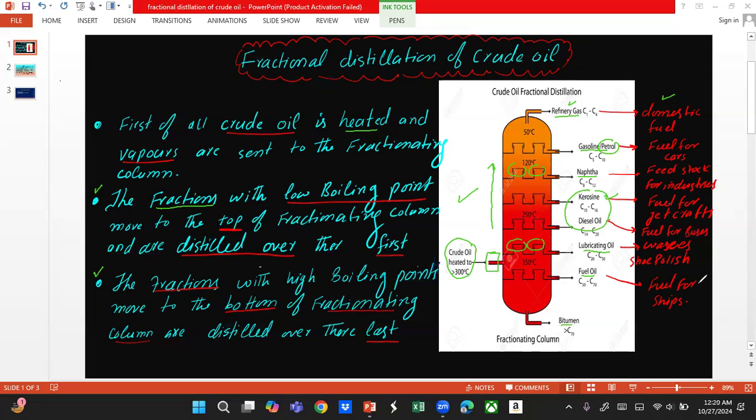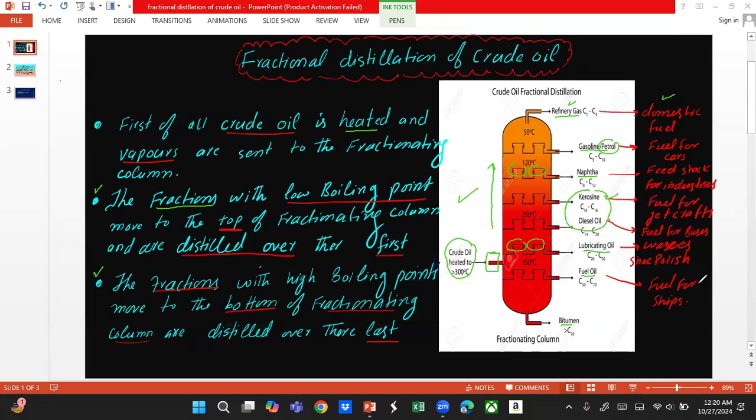So students, these types of questions can be asked in the form of a table. Sometimes a fraction is given and you have to write the use, and sometimes the use is given and you have to write the fraction. For example, petrol. In front of it, the row will be empty.